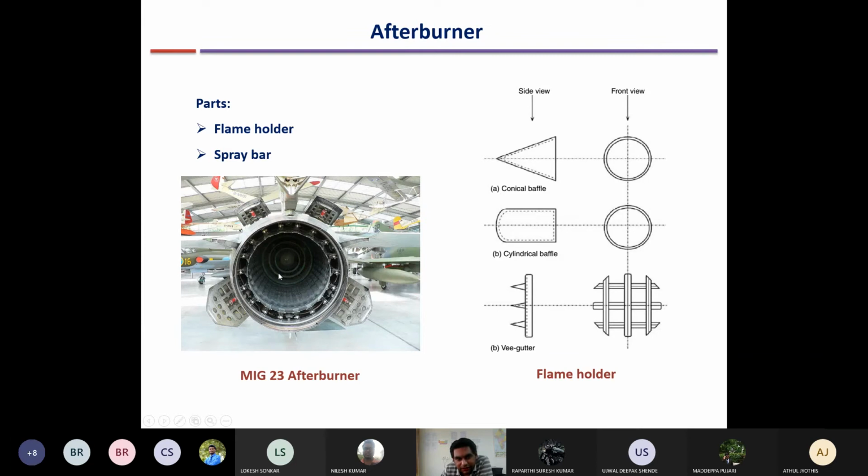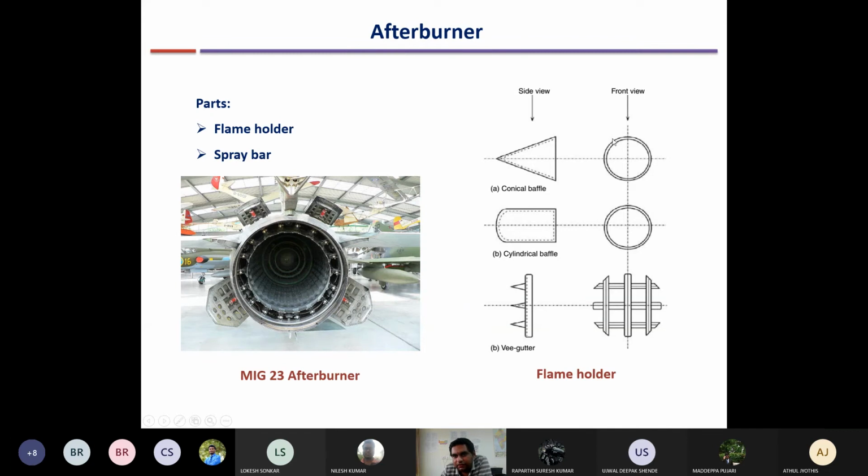Then the second thing is that the velocity here is quite high, from the turbine. So you cannot sustain the flame if you do not use something called flame holders. These are required to sustain the flame so that there are localized regions where the fluid velocity is quite low. There are different designs. You can have conical flame holders or conical baffles, cylindrical baffles, or these V-shaped gutters.